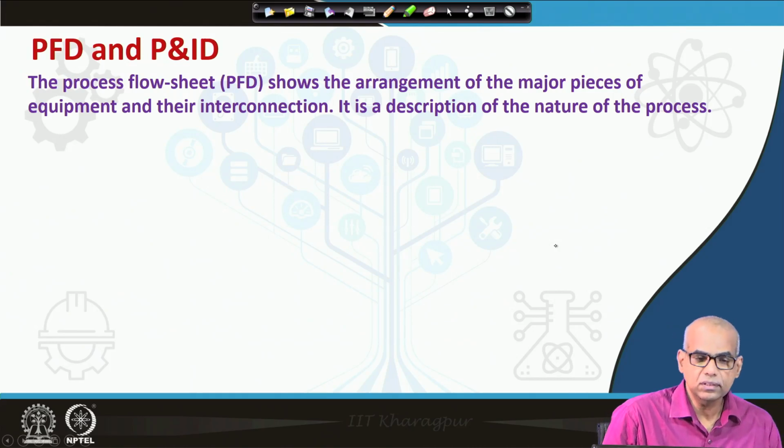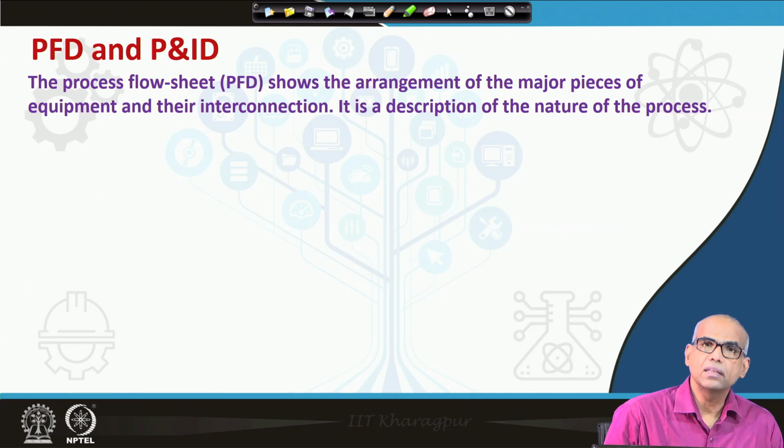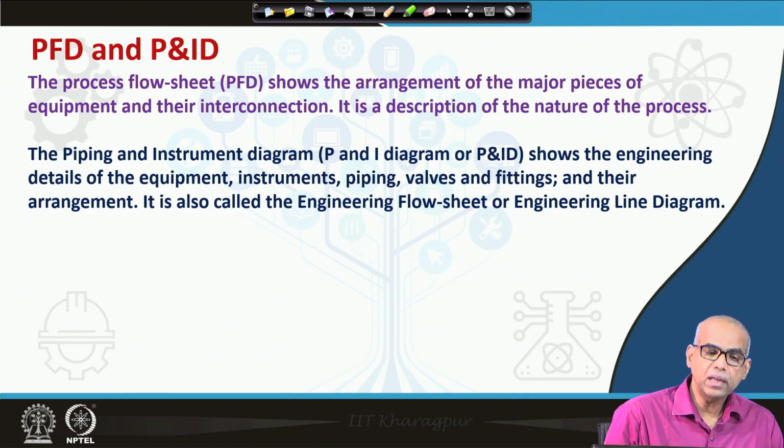The process flow sheet shows the arrangement of the major pieces of equipment and their interconnection. It is a description of the nature of the process. The piping and instrumentation diagram shows the engineering details of the equipment, instruments, piping, valves and fittings and their arrangement.